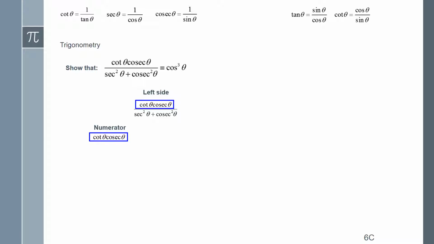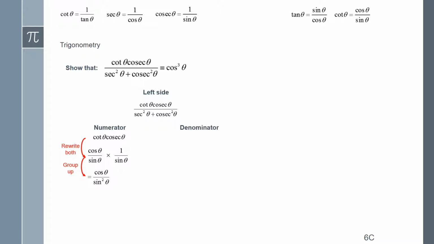Let's really split it down. If we rewrite cot theta, that's 1 over tan, but that's the same as cos over sine. And if we rewrite cosec theta, that's 1 over sine. So we've got cos theta in the numerator and sine squared theta in the denominator. That's the numerator, sort of tidied up a bit.